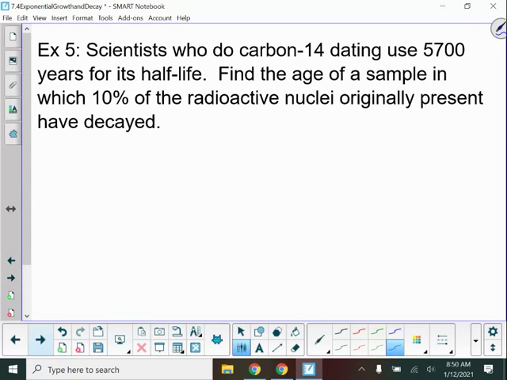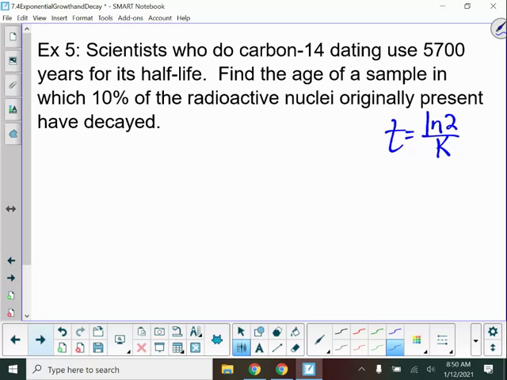Okay, now example 5. This goes back to our half-life example. If you recall from example 3, we stated that the half-life time is equal to the natural log of 2 divided by some constant k, and that k is going to be different for every substance.